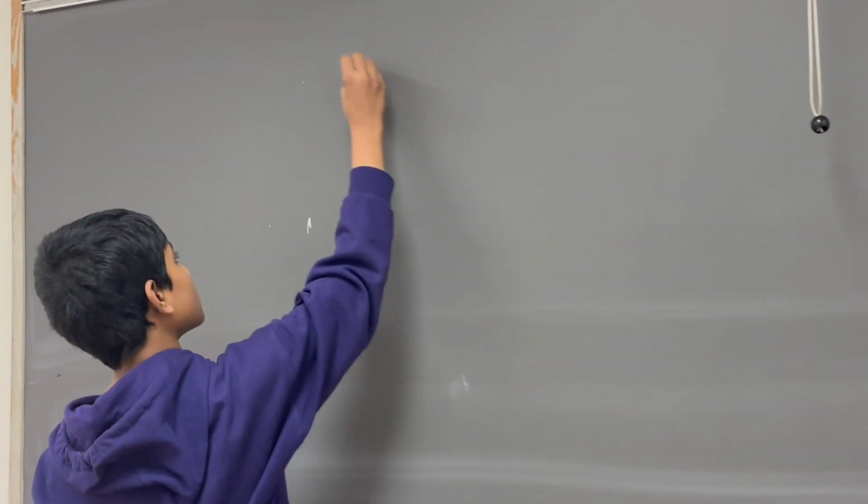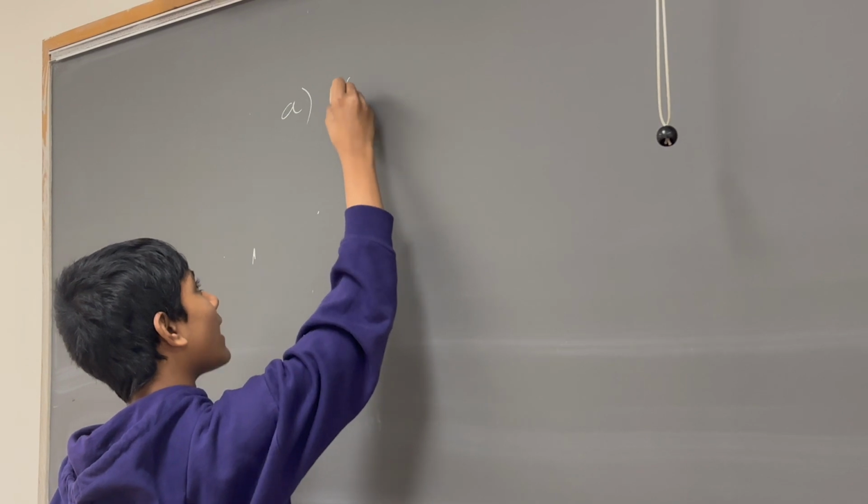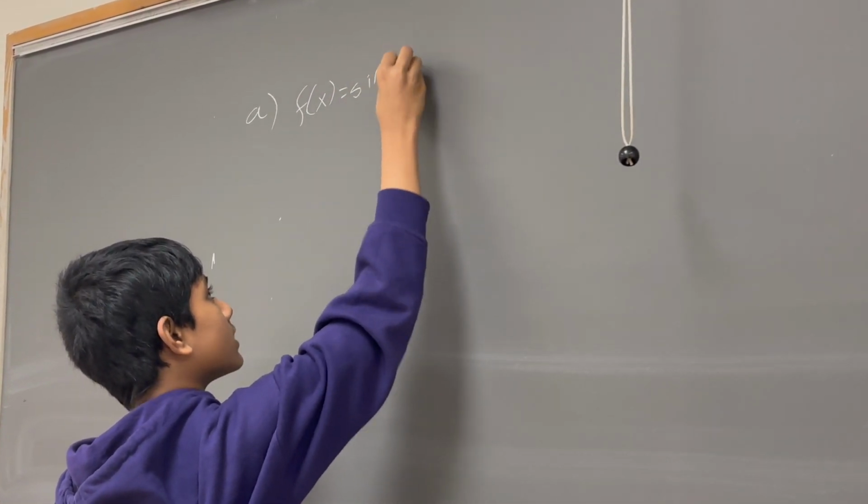Alright, so today we'll be doing two specific problems. Problem A, we'll be proving that f of x equals sine x is uniformly continuous.